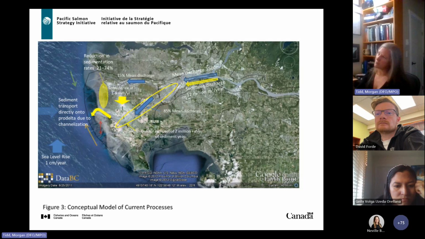As for water discharge, there was a trifurcation, which was a river training feature put where the river is split into the north arm and the main arm. That was done in the 50s, and it's directing 15% of the mean discharge through the north arm and 85% through the main arm.